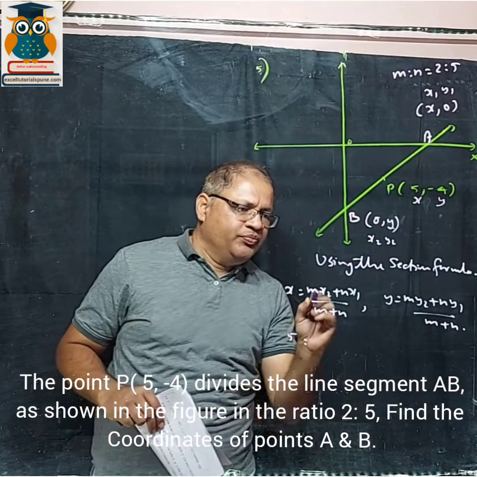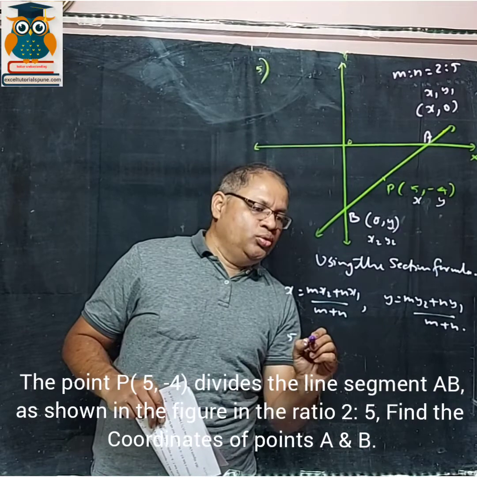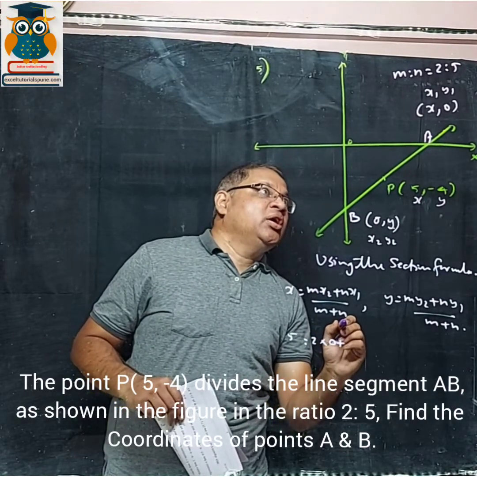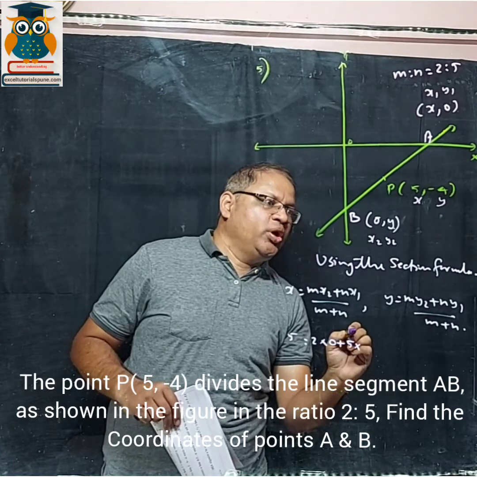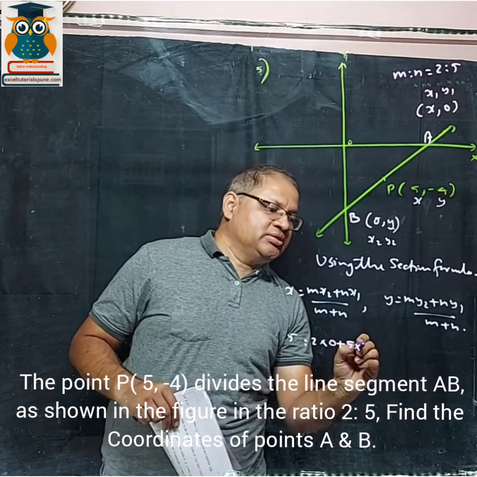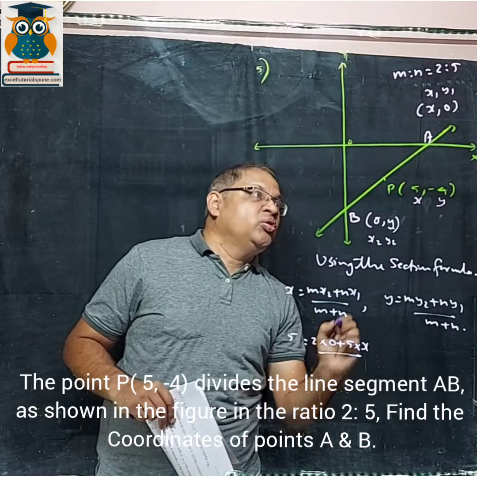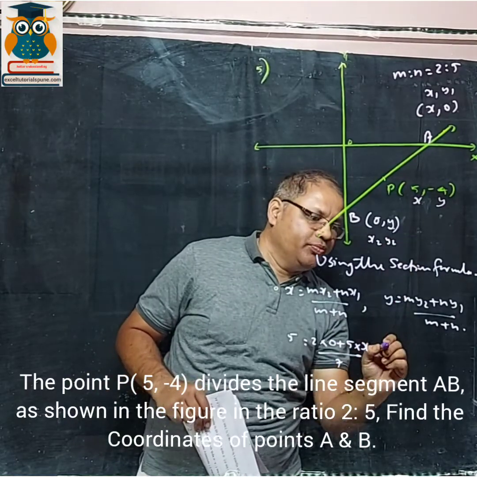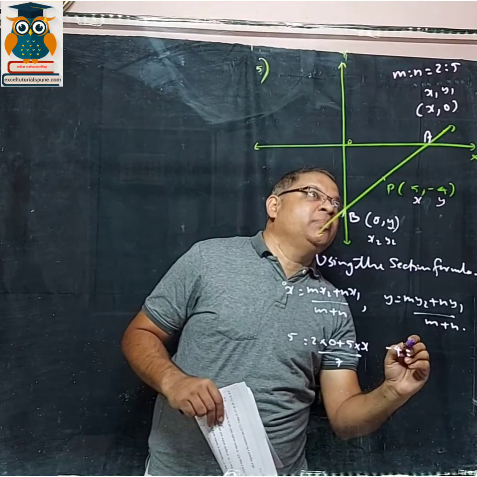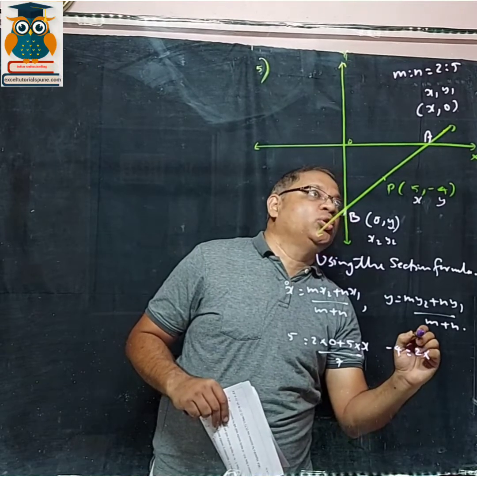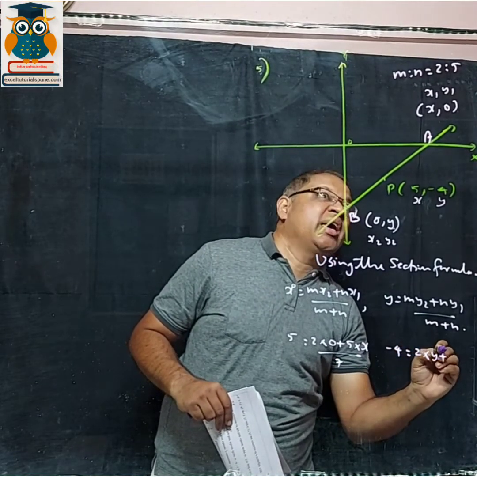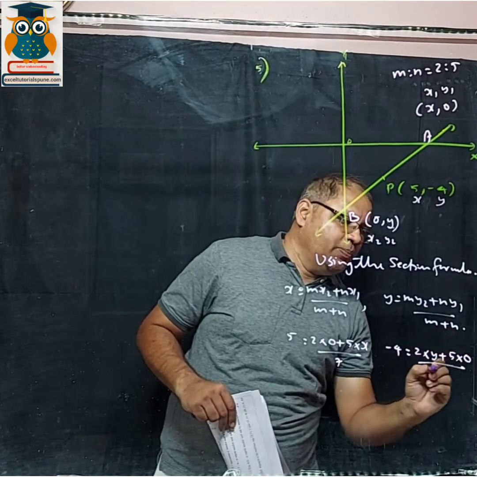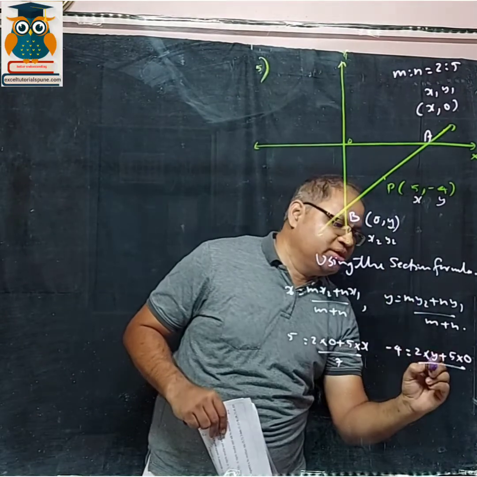X is 5, m is 2 into x2, that is 0, plus n is 5 into x1, that is x, upon m plus n, which is 2 plus 5, that is 7. Likewise, y is equal to m, that is 2 into y2. y2 is y, plus n is 5 into y1 is 0 upon 5 plus 2, that is 7.